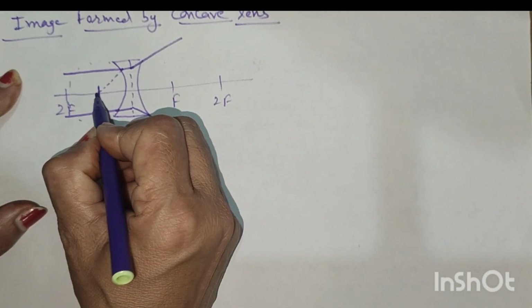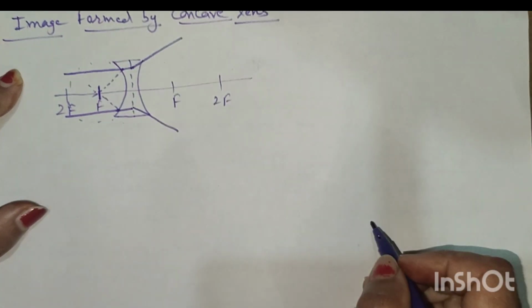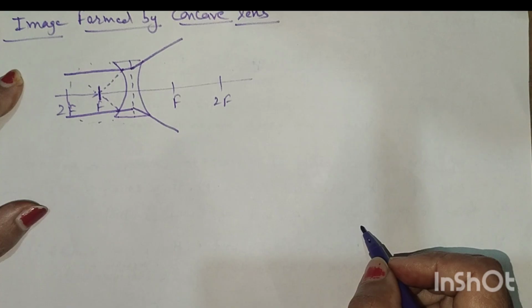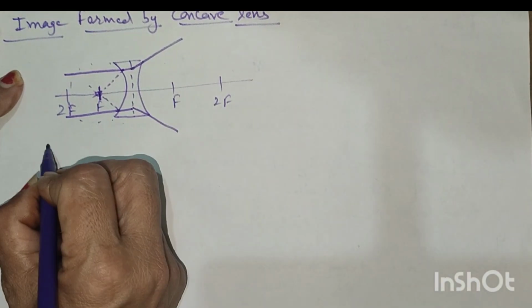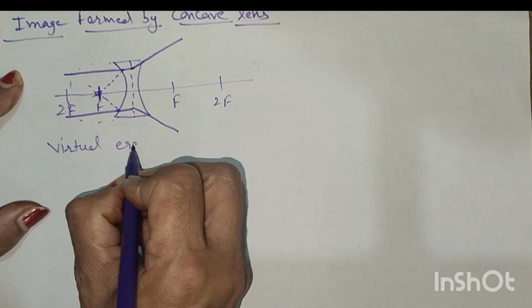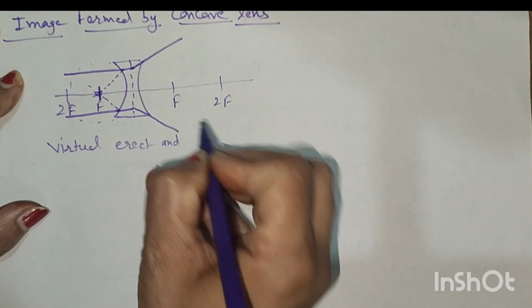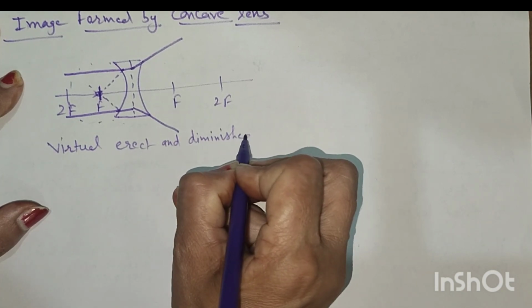The rays seem to meet here at the focus. Then the image formed is virtual. This is the image: virtual, erect and diminished, very small in size.